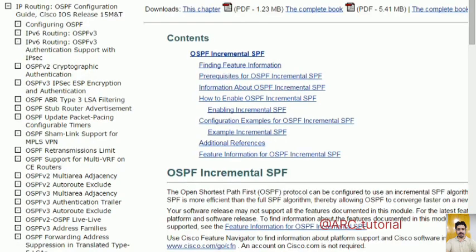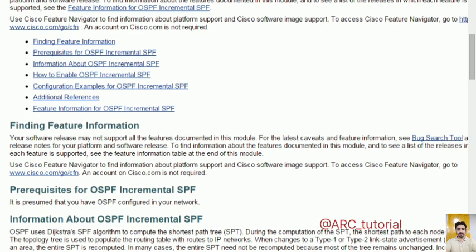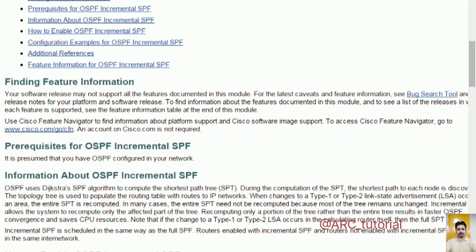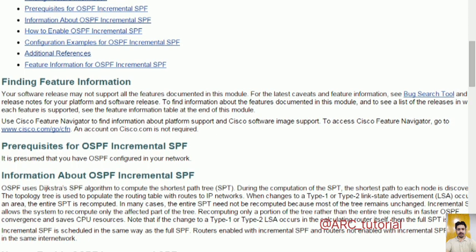Incremental SPF. See, OSPF uses the Dijkstra SPF algorithm to compute the shortest path tree. During the computation of the SPT, the shortest path to reach nodes is discovered. The topology tree is used to populate the routing table with routes to IP networks.